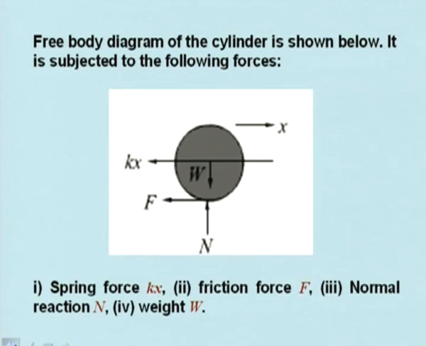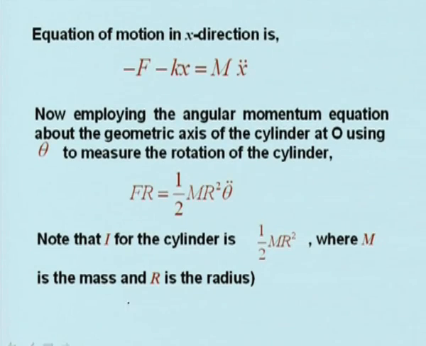When you take the moment about this point, kx will not produce any moment because it passes through O; W will not, N will not. Only F will produce a moment, with magnitude F into R, and that is equal to half m r square theta double dot, because for a solid cylinder the moment of inertia is half m r square.